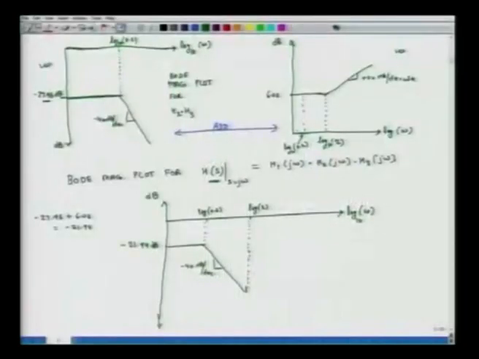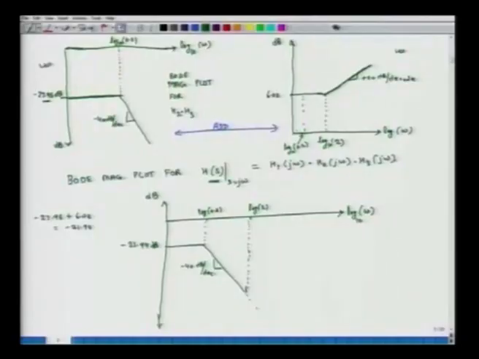Once I have exceeded the angular frequency of 2, the curve for H1 also starts to kick in. So, my overall slope becomes minus 40 plus 20 decibels per decade. So, my slope becomes smaller, and here the slope is minus 20 decibels per decade.